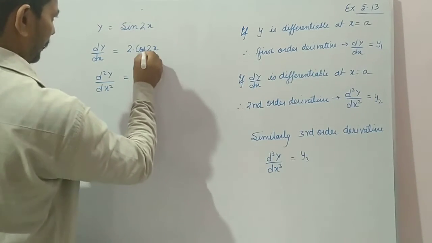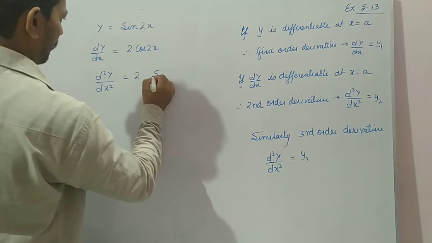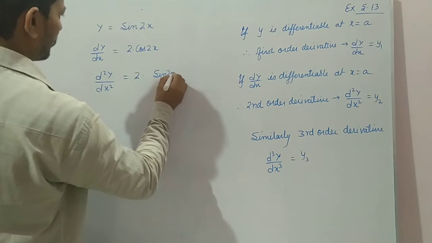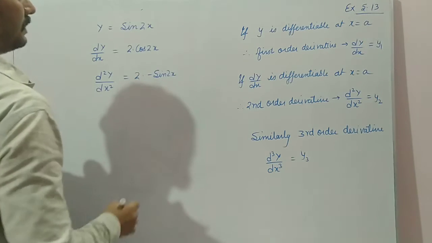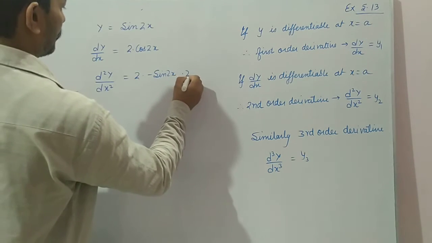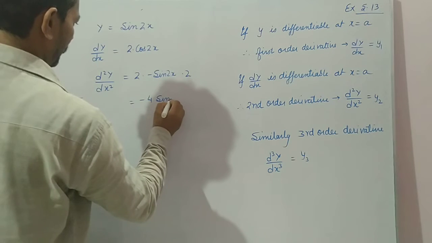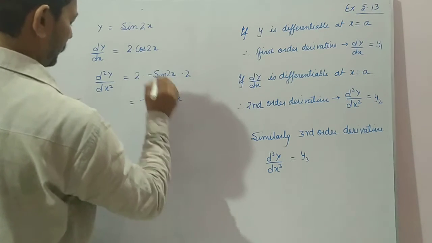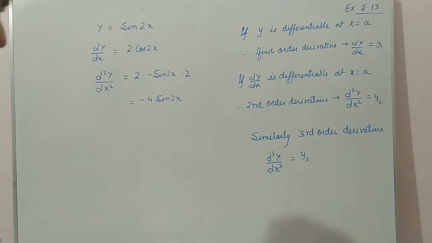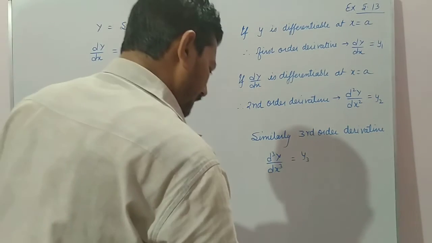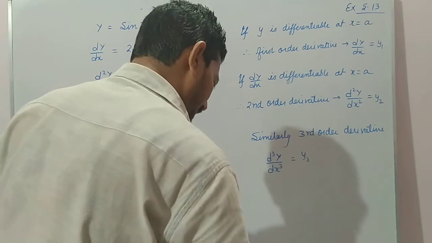The differential of 2 cos 2x is minus sin 2x, then the differential of 2x gives 2. So this will be minus 4 sin 2x. Alright, so this is the second order derivative.